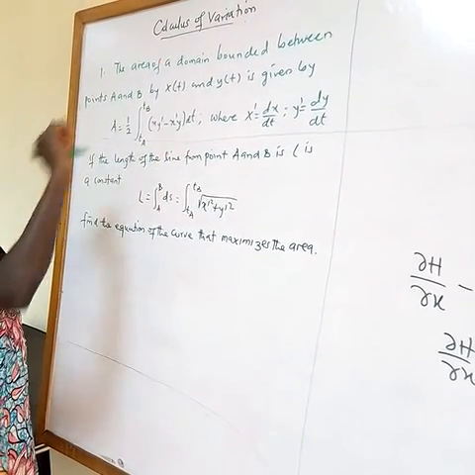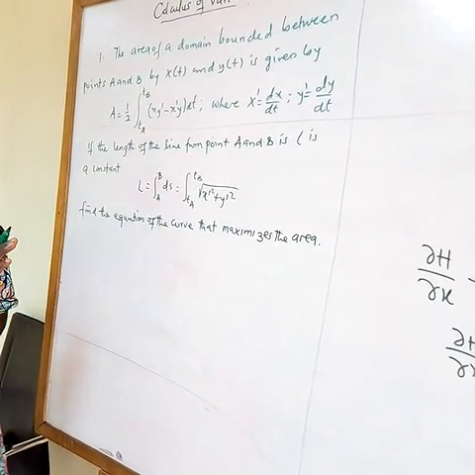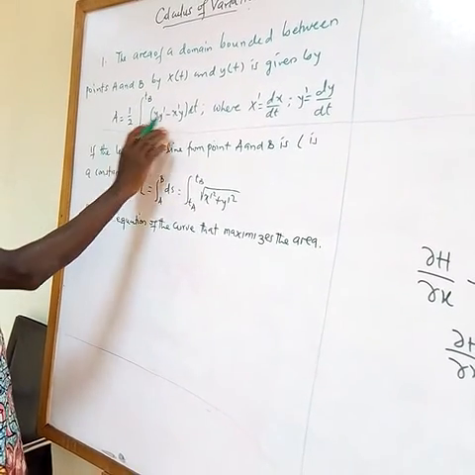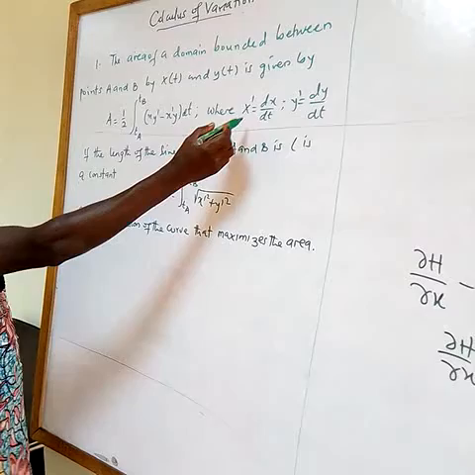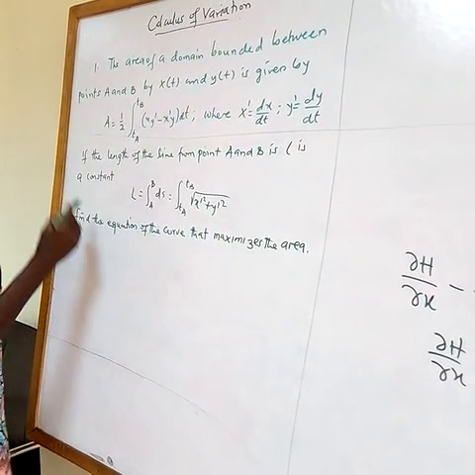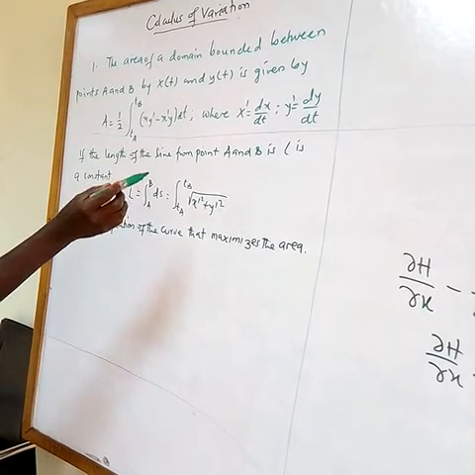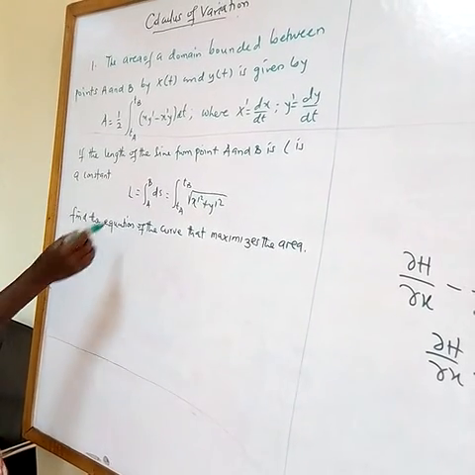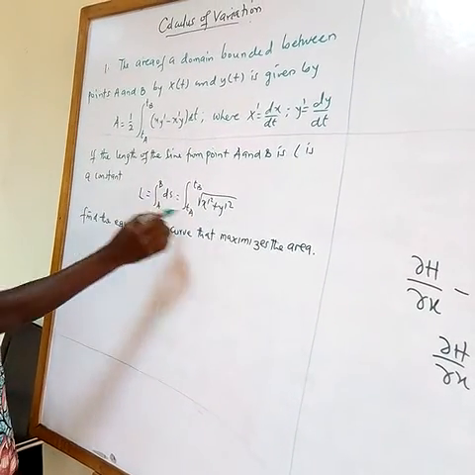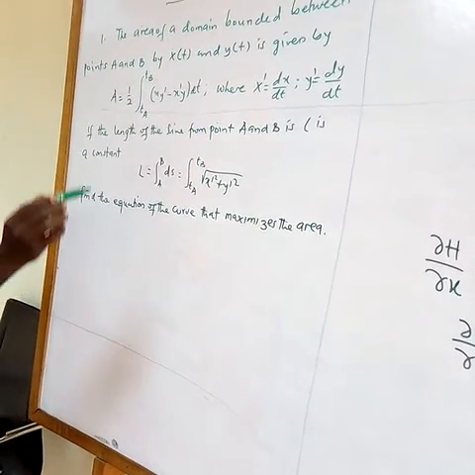By x of t, that is, x depends on time and y also depends on time, is given by A, this is the area, where x prime is dx dt, y prime is dy dt. If the length of the line from point A and B is L, a constant, and the length is expressed as this, find the equation of the curve that maximizes the area.